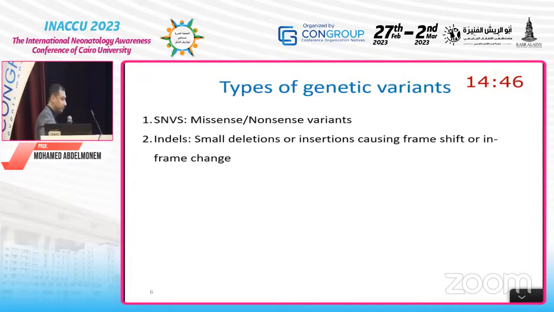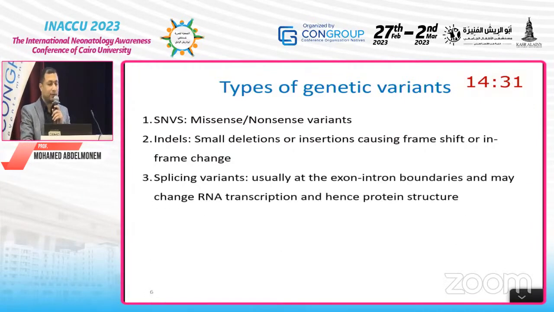Just deleting one or two, the in-frame insertions or deletions, just deleting one or two amino acids while keeping the sequence afterwards. We have also splicing variants. Splicing variants are the variants that occur at the exon-intron boundaries, the small region between the exon and the intron, and they may change the RNA transcription, leading to the formation of a defective protein.